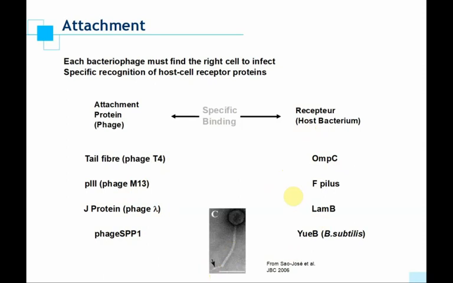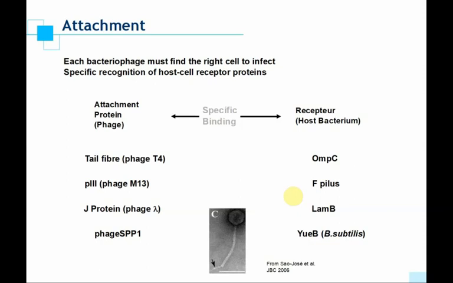I don't know a lot about this, to be honest, but this is one I looked up. This is a phage that infects Bacillus subtilis, a gram-positive bacterium. UEB is a large transmembrane protein which crosses the thick peptidoglycan layer, so part of the protein is really on the outside of the cell wall.